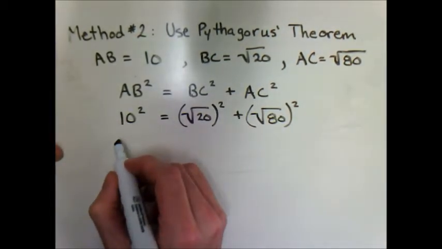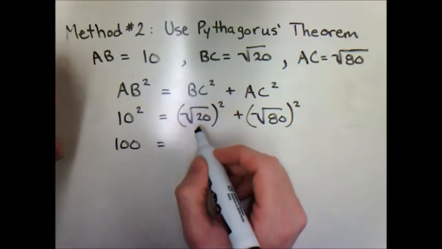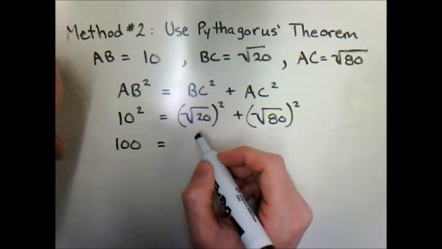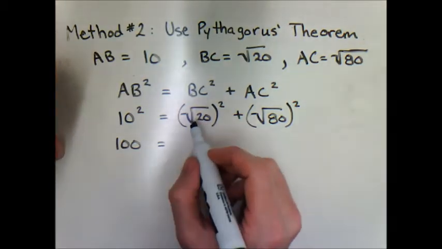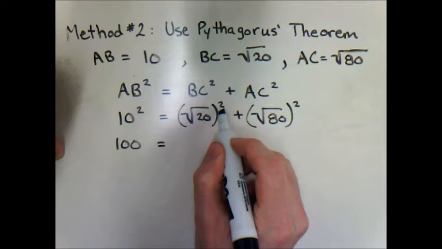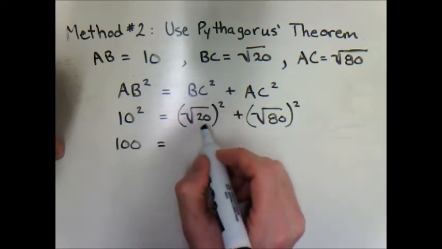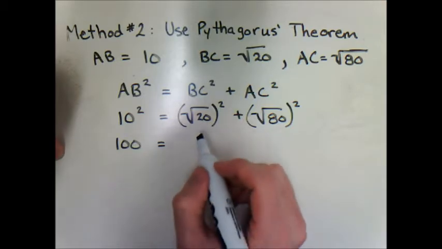10 squared is quite simple. 10 times 10 is 100. These are actually just as easy. Squaring and taking the square root are opposite operations. So if we do one and then the other, we're just left with the value under the radical.